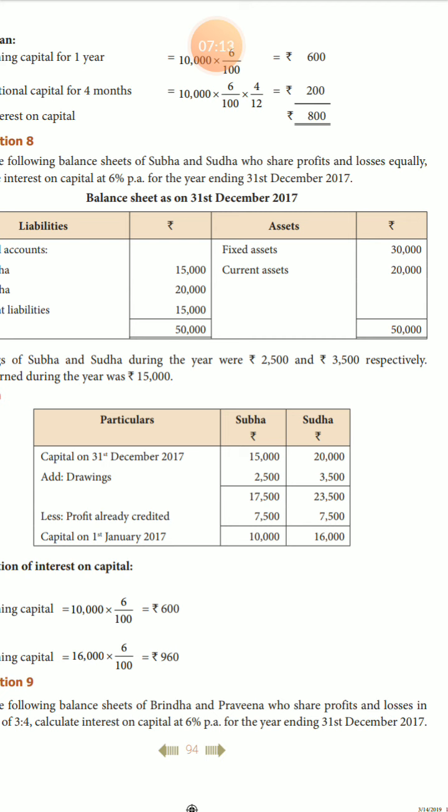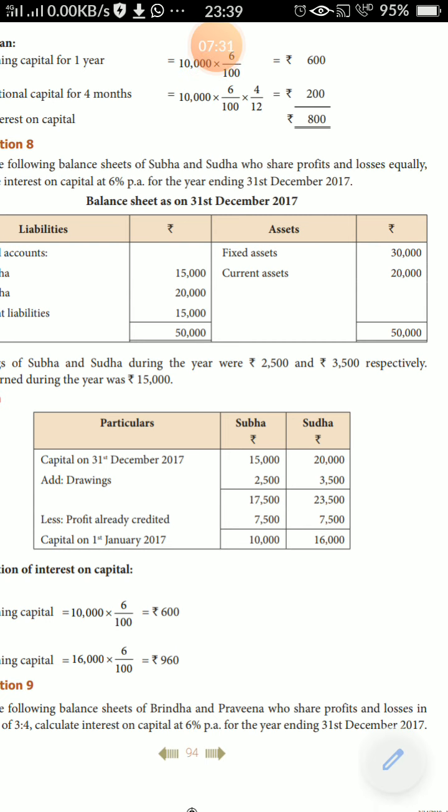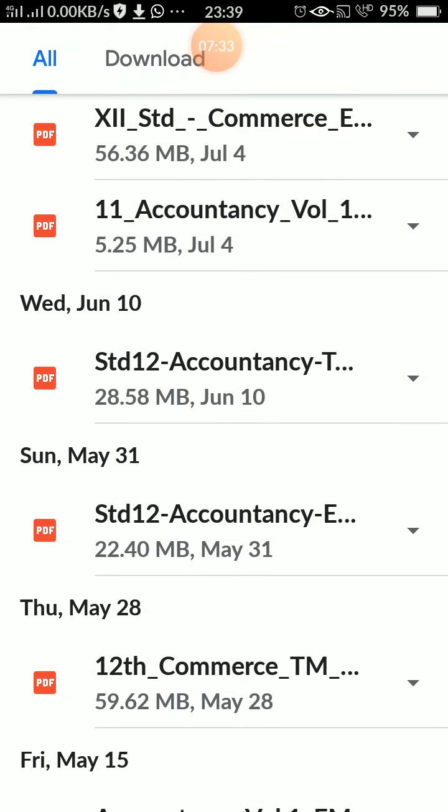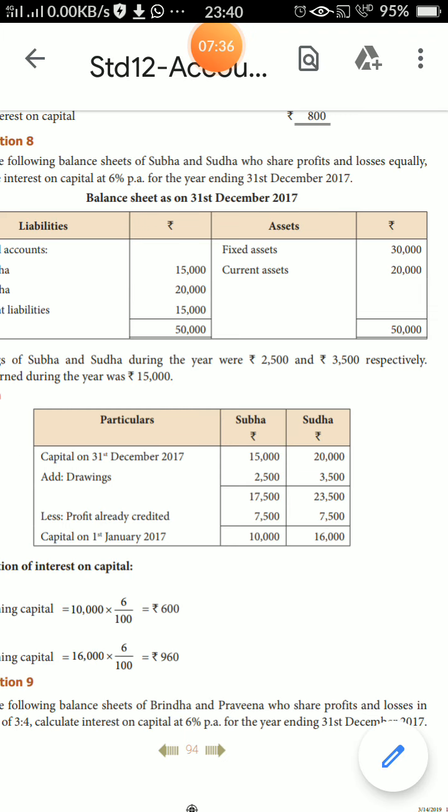December 31st is the closing, so the last answer is the opening capital: 10,000, into the rate of interest, 6%. 10,000 into 6 by 100: cancel the zeros, and the balance is 100. 100 into 6 is 600 rupees.